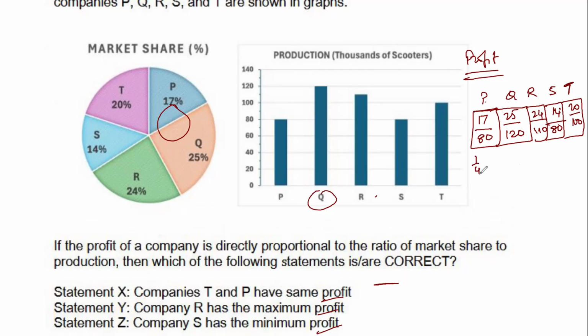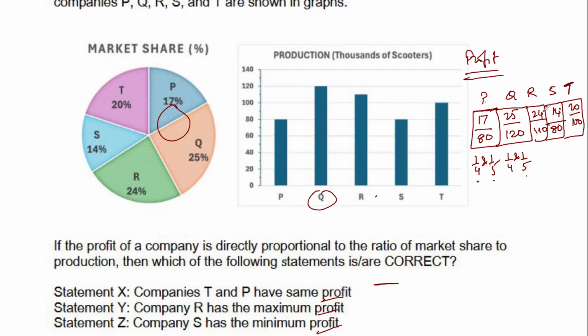So between 1/4 and 1/5, we have P. This is 25 fours are 100 and 25 fives are 125. So again 1/4 and 1/5, meaning 20% and 25%.